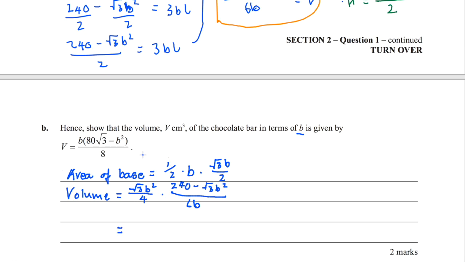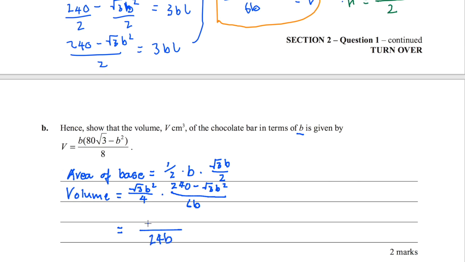Test out your arithmetic here a little bit. In the denominator we're going to have 24b.